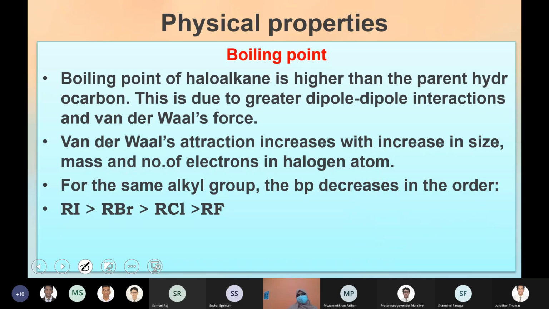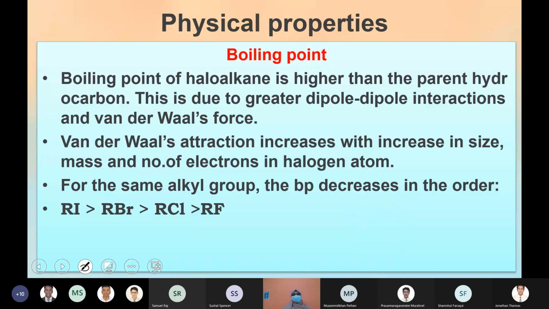It should be the same alkyl group. You can't compare the boiling point of CH3Cl and CH3CH2Br. That is an entirely different thing because that depends on the carbon chain. Here, for the same alkyl group, that is CH3Cl, CH3Br, CH3I, CH3F, if you keep the alkyl group the same and change the fluorine, chlorine, bromine and iodine, you can see this is the order of boiling point.